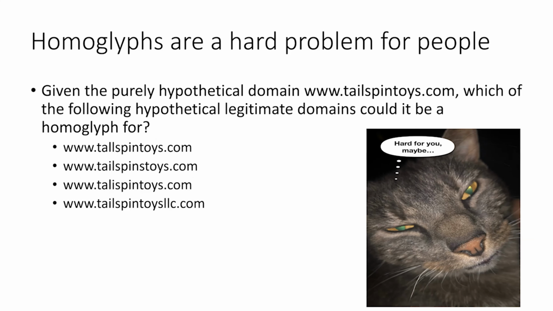And once again, it can be even harder if there's not an actual right answer for the network to learn. In this case, you could have, say, the hypothetical domain tailspintoys.com, and all of these four domains here are slight modifications. Those could all be legitimate domains.